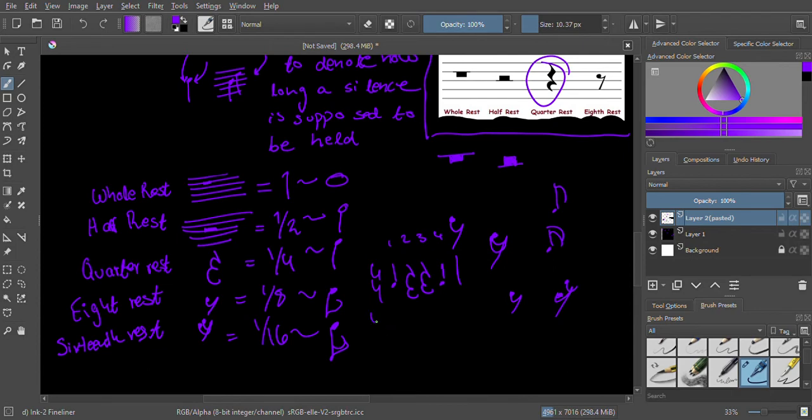Similarly in 4/4, a complete bar of silence, I'll draw it, is denoted by a whole rest, right? So if I'm writing 4/4, 1 2 3 4, that's what this means. It's full bar silence. You actually rarely see a half rest. I don't see all that many half rests.